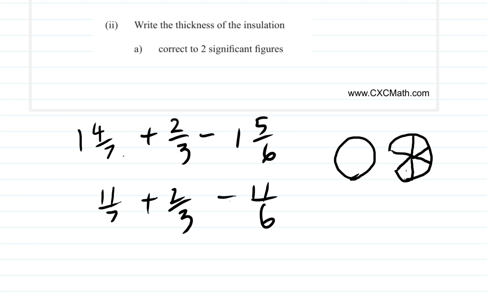How many sixths do I have over there? 1 2 3 4 5 6. Now if I cut each of them into 6 equal parts, how many equal parts do I have in total? 1 2 3 4 5 6 7 8 9 10 11. 11/6. Alright?